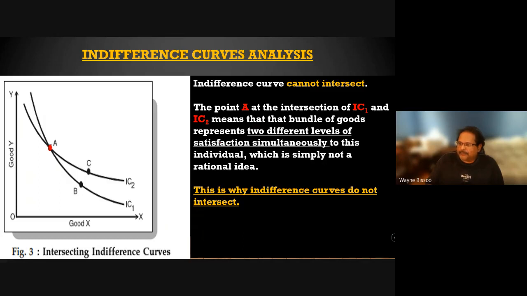This point means that that bundle of goods represents two different levels of satisfaction simultaneously to this individual, which is simply not a rational idea. In other words, if this is a combination that represents one bundle of goods, and to this consumer it represents two separate levels of satisfaction at the same time, level 1 and level 2, then that cannot possibly exist.